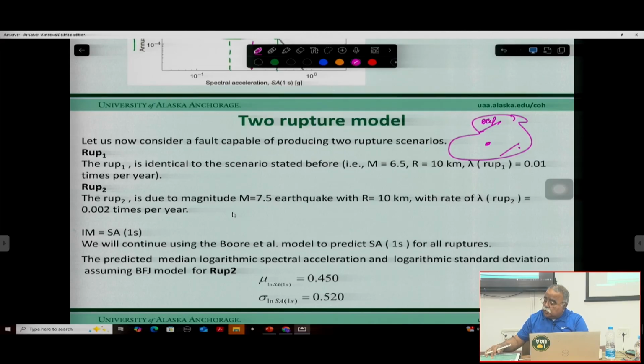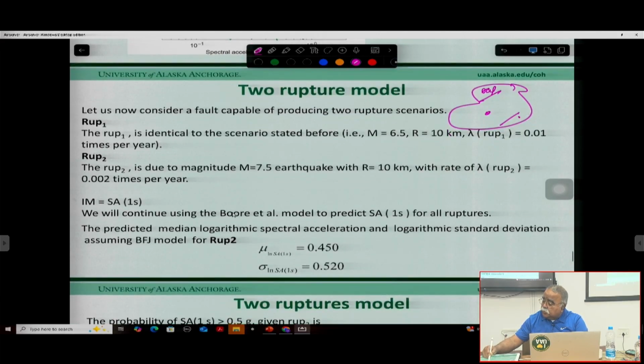Rupture 1 is your previous one, and rupture 2 might be a 7.5 magnitude earthquake. Let's say R is 10, and lambda rupture equals 0.002 times per year. That means it will rupture 0.002 times per year. Okay, so these are the ruptures.